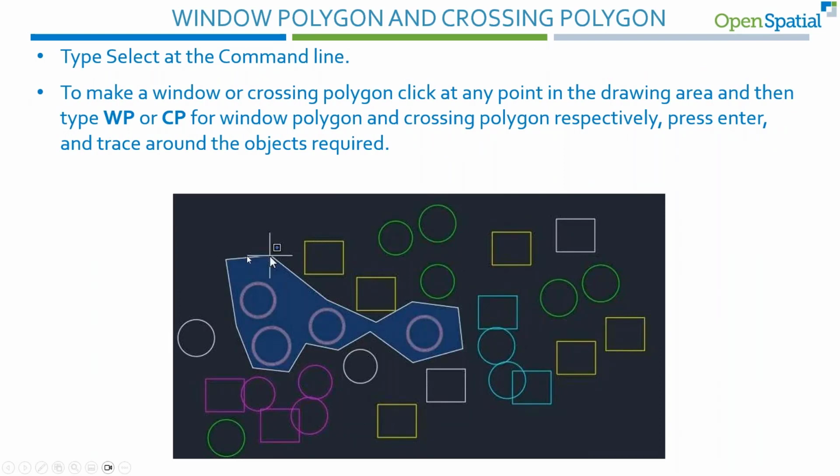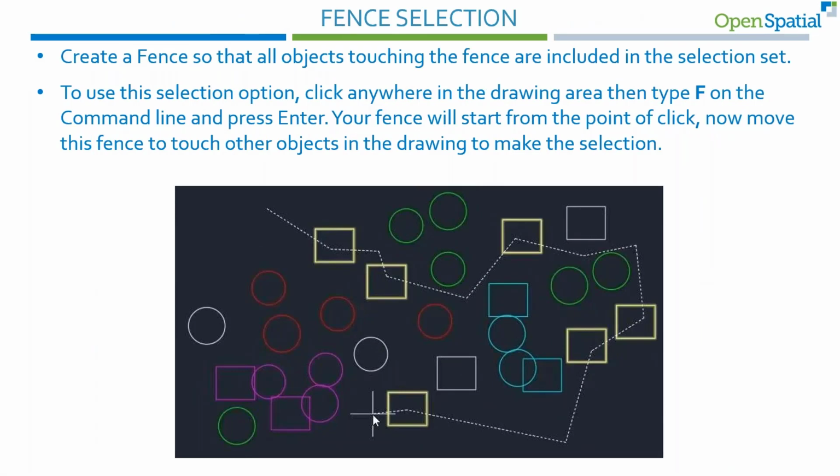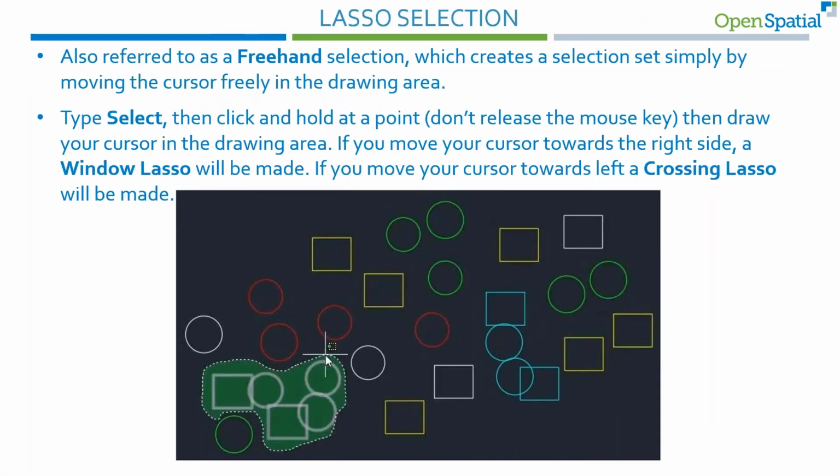If you want a window polygon, you can just draw a polygon around the stuff, or a crossing polygon: a window polygon is all inside, or a crossing polygon is everything that crosses that, and it will then select all the things that are inside. Or the fence selection, or then that lasso that we were talking about, so that's the freehand selection.